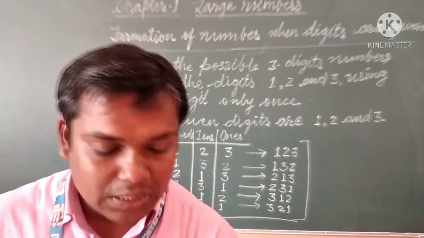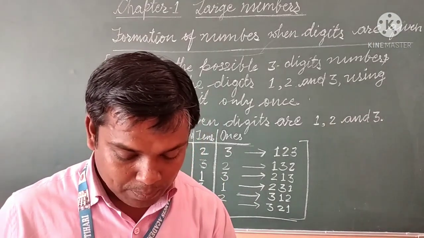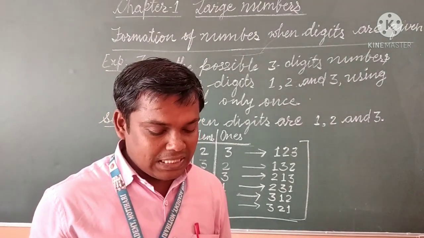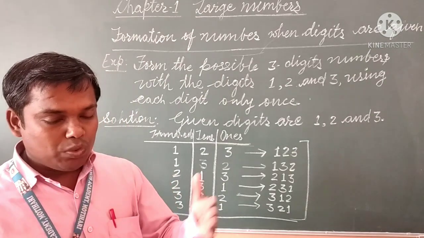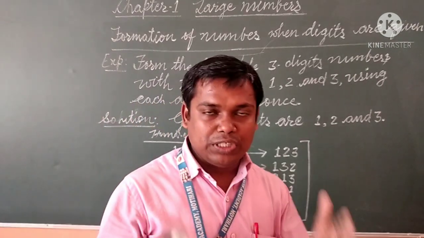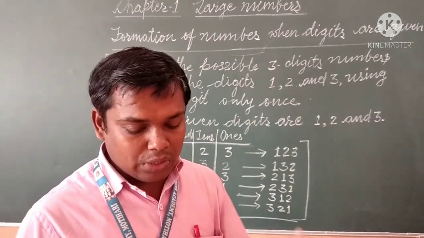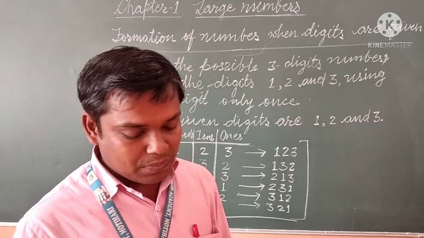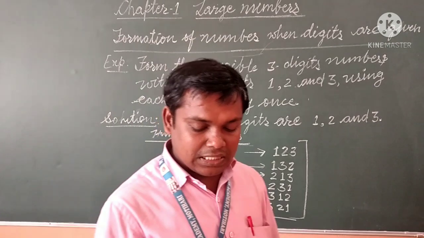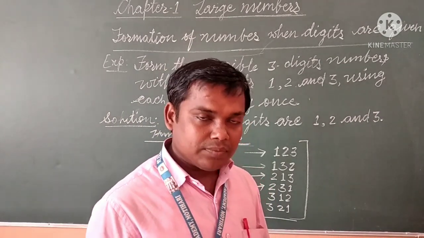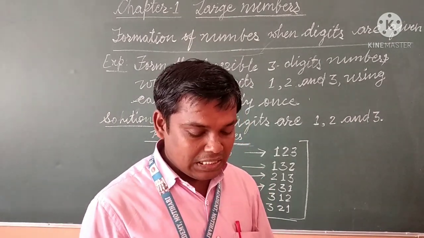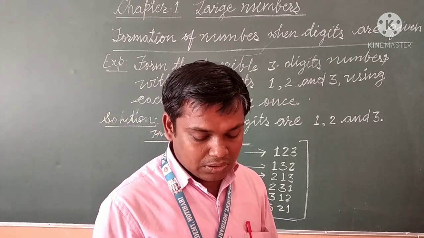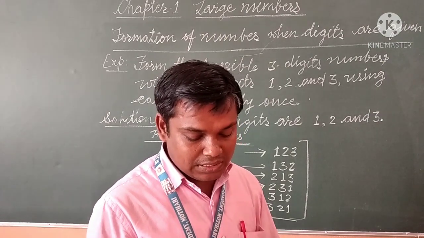You have exercise 1.4. In that, the first question is which one is greater, which one is smaller, using the symbols less than, greater than, or equal to. Then it is given, find the smallest and greatest number in each of the following. Write the 3-digit numbers using each digit only once.